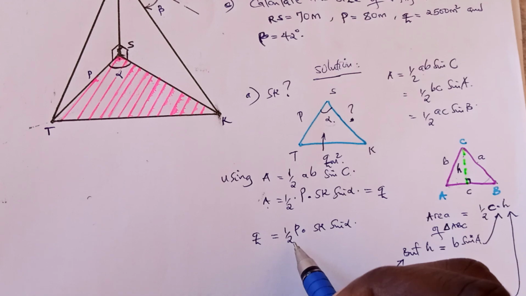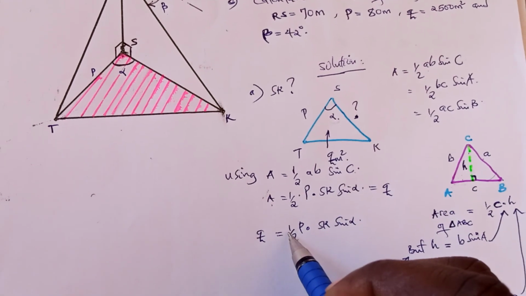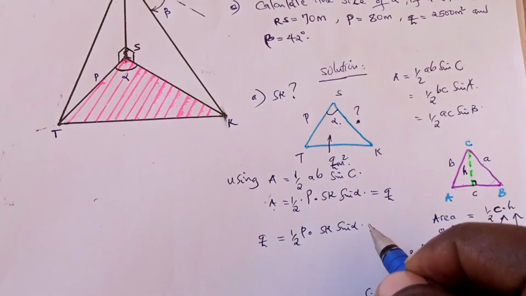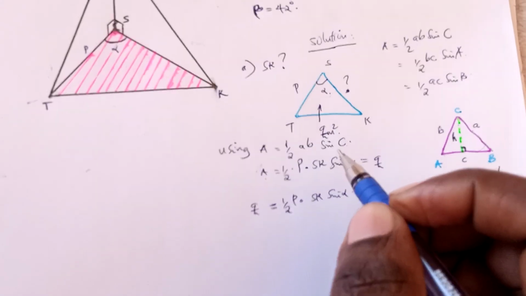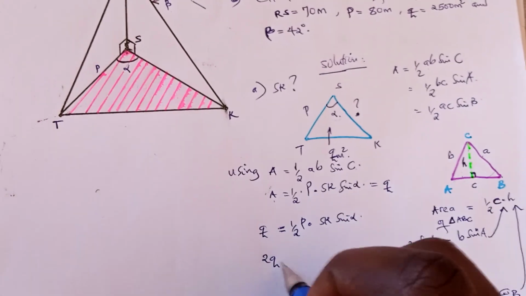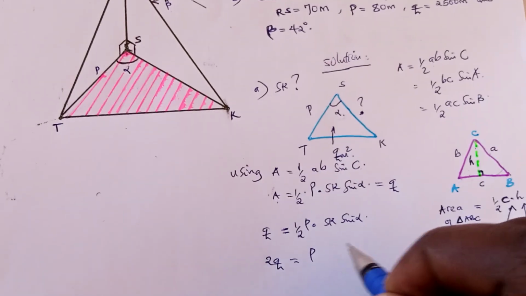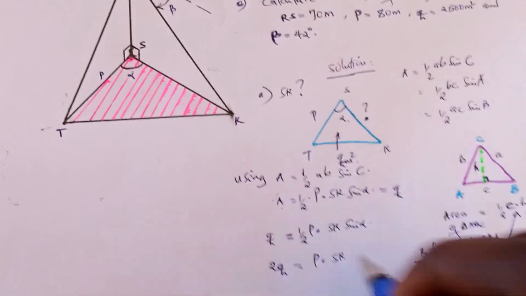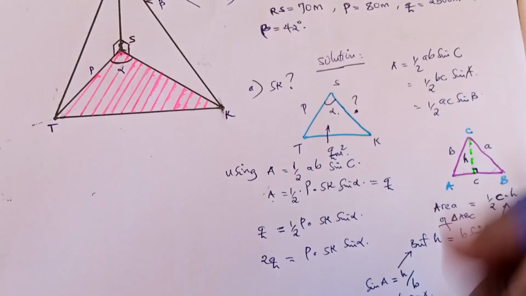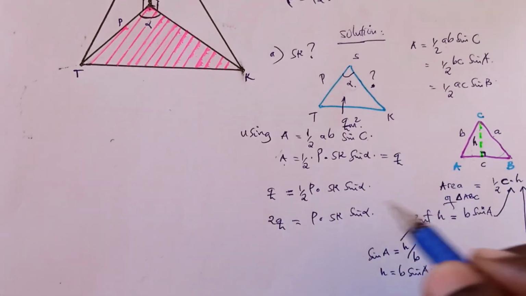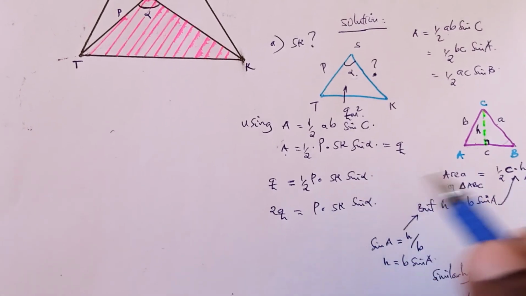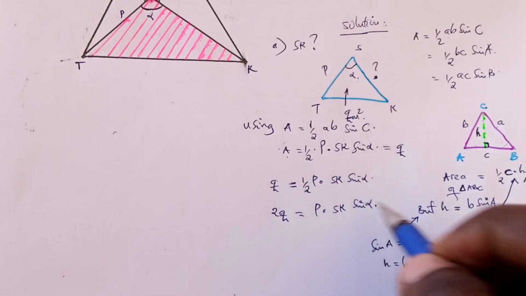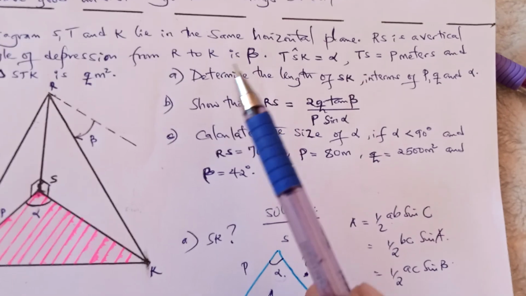So we can multiply the whole equation by 2 on both sides. What shall we have? We shall have 2Q is P times SK sine alpha. Meanwhile, you can as well put bars on top to show that these are distances, because here I boldened them.